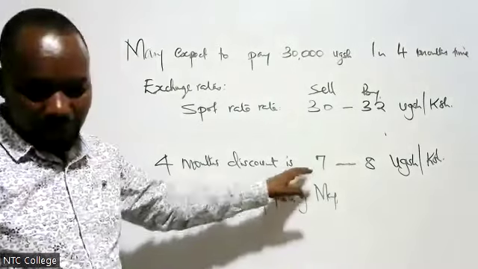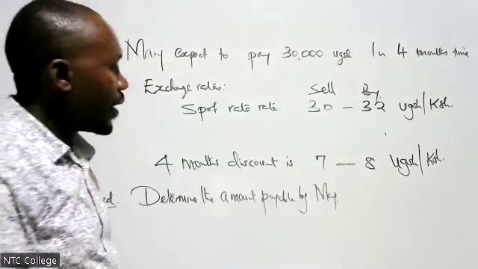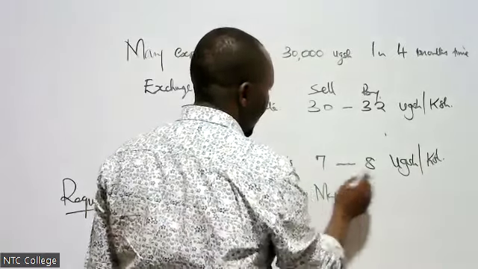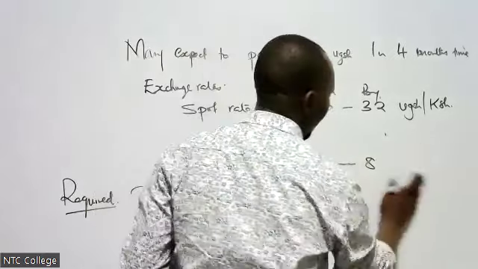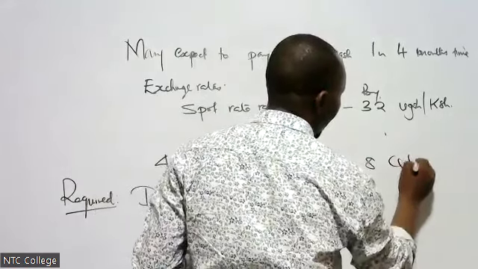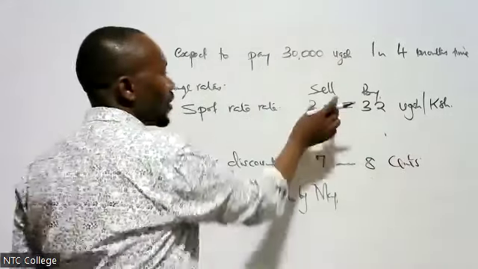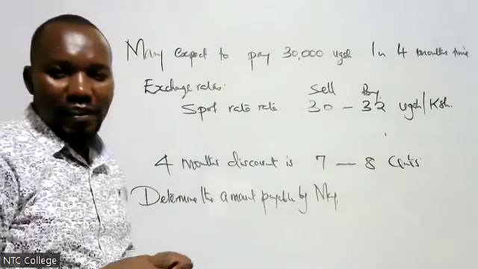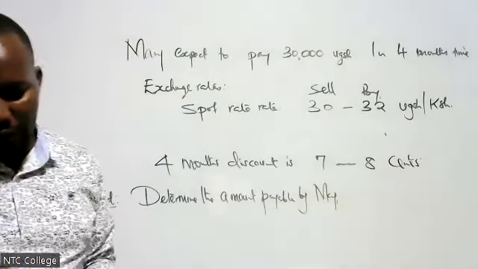These amounts are cents. I should have written here cents. These are shillings, these are cents. How many cents are equivalent to 1 shilling?